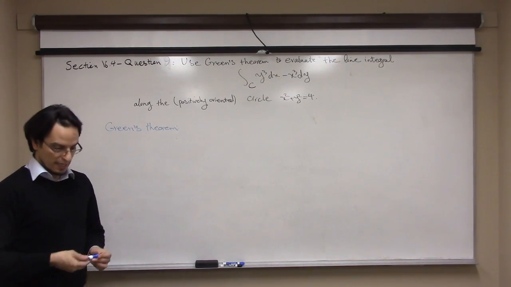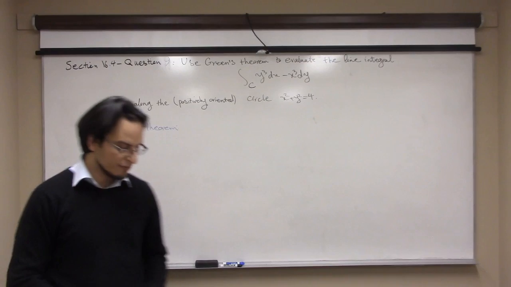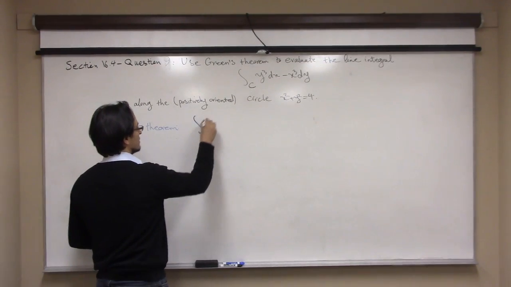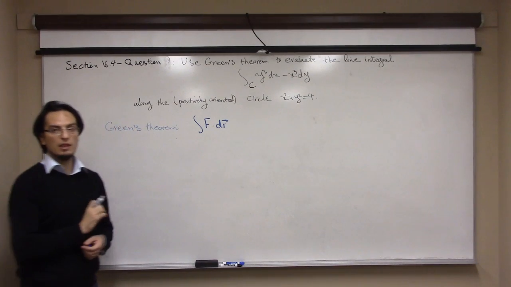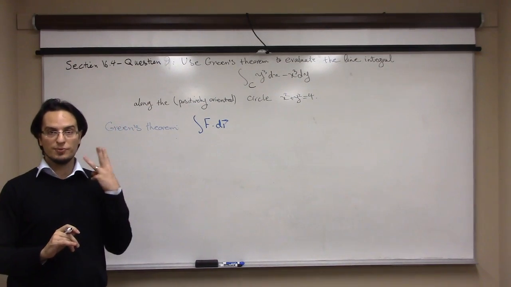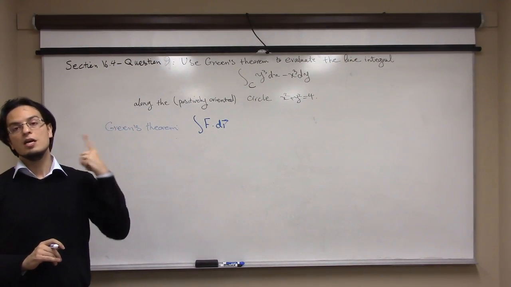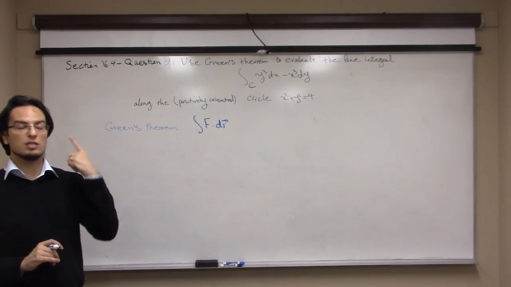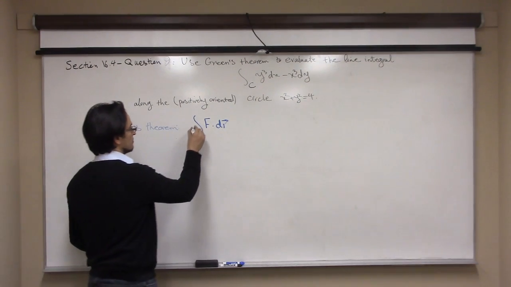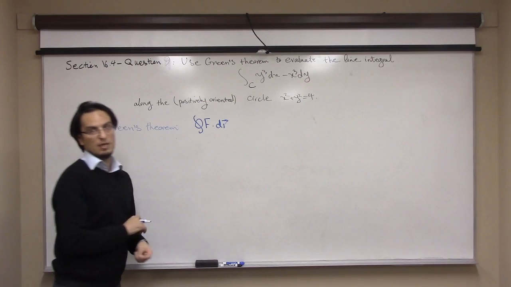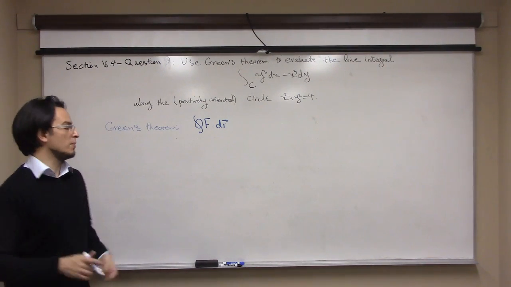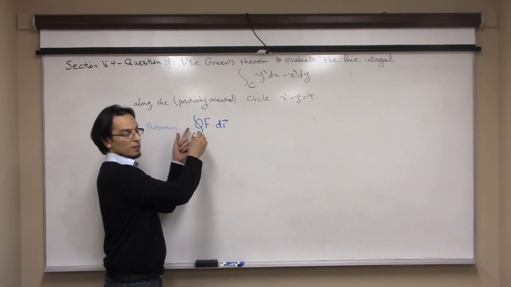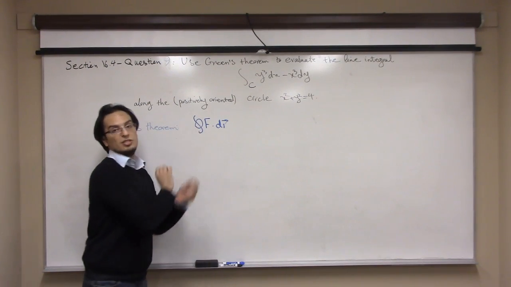Green's theorem says that if you have a line integral of a vector field along a curve with these three properties. First, it is a closed curve. Second, it is simple, meaning that it doesn't intersect itself.